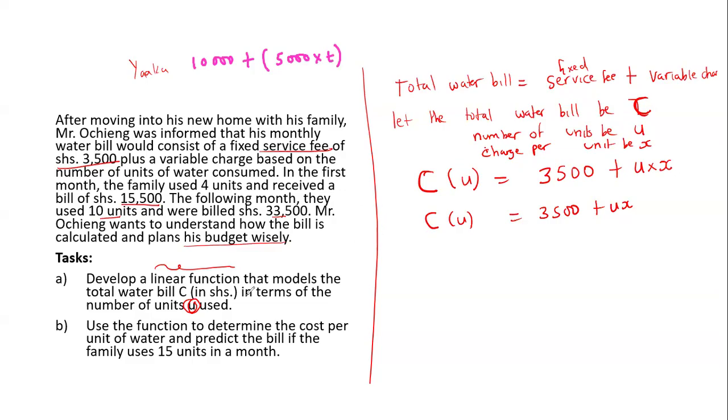So to get the total cost of the water bill, I'll take the 3,500 fixed amount, which is like the tax you pay, plus the number of units you are going to use times the cost per unit charge. If the unit goes for 3,000 and I'm to use 5 units, that means I'll have 15,000, plus the tax, which is 3,500.